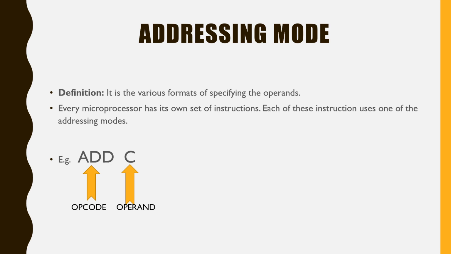This is one way we can specify or represent an operand. There are a total of 5 addressing modes in the 8085 microprocessor. In the next slide we will look at the types of addressing mode one by one, and learn the first 2 in detail.